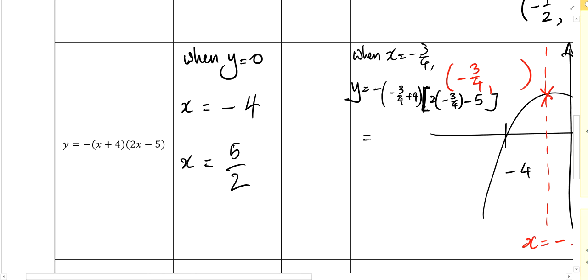And we get a value of 21 and 1 over 8. So this maximum value will be negative 3 over 4 with 21 and 1 over 8, with the line of symmetry as x equals negative 3 over 4.